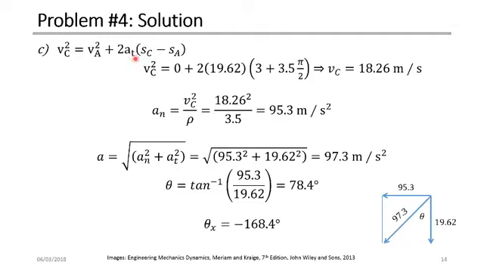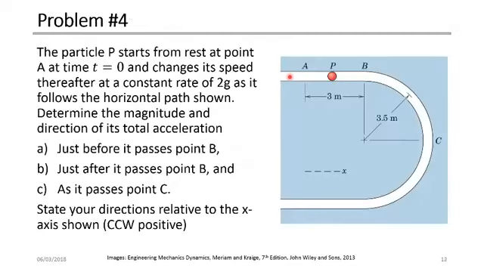Plus 2 multiplied by the acceleration, multiplied by the distance between s_C and s_A. So v_C squared is equal to the initial velocity squared, which is 0, plus 2 multiplied by the tangential acceleration, which is 2g, 19.62, multiplied by the distance between A and C. This is the part we need to go back to and show.